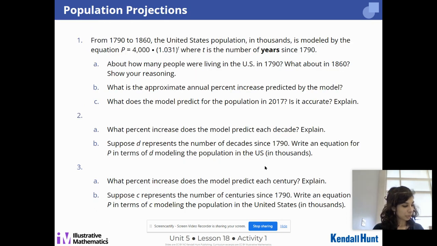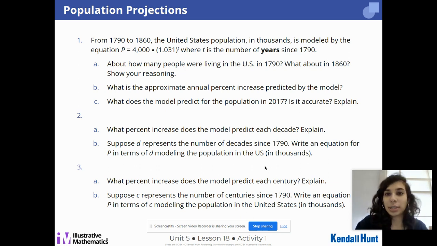In our next activity, we're talking about population projections. From 1790 to 1860, the United States population in thousands is modeled by the equation P equals 4,000 times 1.031 to the power of T, where T is the number of years since 1790. The first part is stuff that you've been doing for the past few lessons in Unit 5.